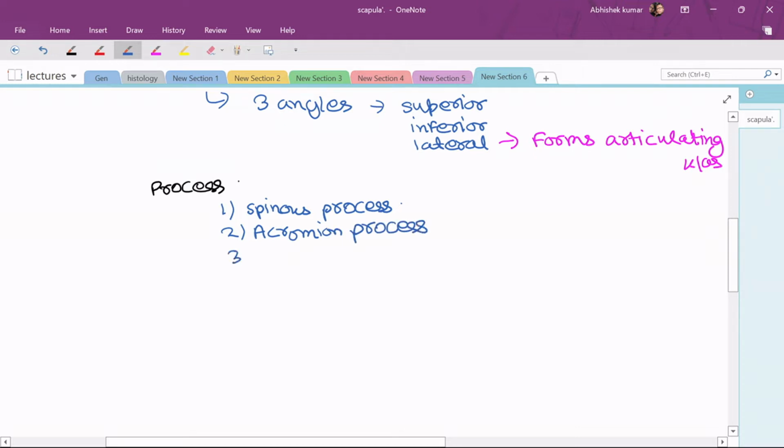And third is your coracoid process. When we were discussing the clavicle, I told you about the coracoclavicular ligament, acromioclavicular joints, and those things. So now you can recall from that part, that we are talking about this process and this process of the scapula.